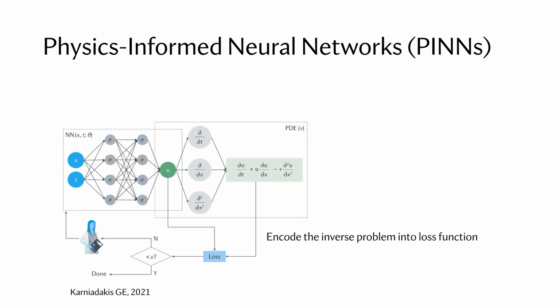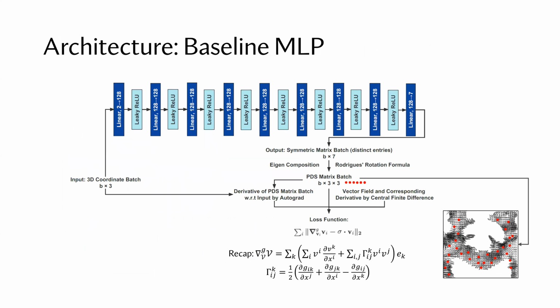The automatic differentiation module embedded in most machine learning frameworks, such as PyTorch and TensorFlow, automates the process of finding the solutions efficiently and meshlessly. In the first stage, we adopt multi-layer perceptrons as the architecture. We sample tens of thousands of points over the geodesic vector field, sending the spatial coordinates into the network.